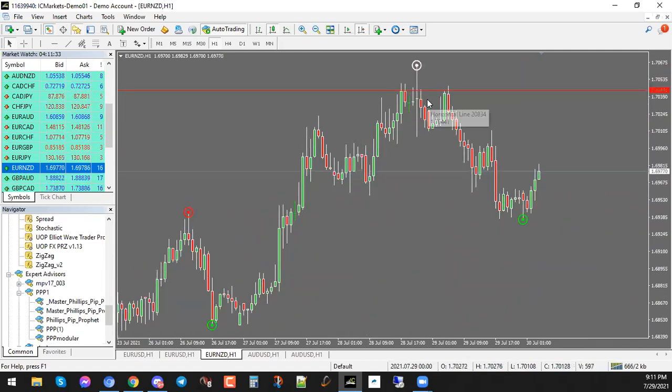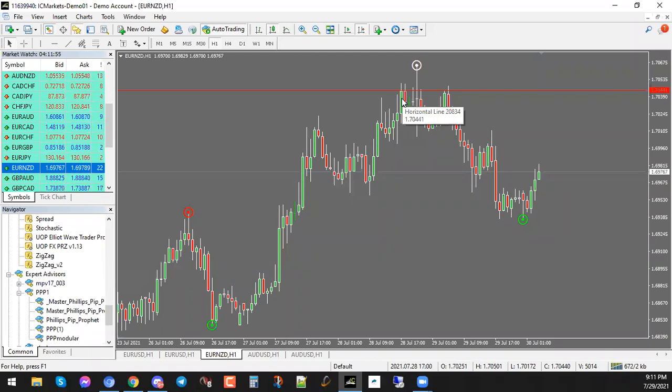So when I get that type of confirmation that this level is a very strong level of resistance, once I get a pullback, I'm looking to go short. So I look at this and I'm like, yes, I have resistance in this area. I have a white dot.